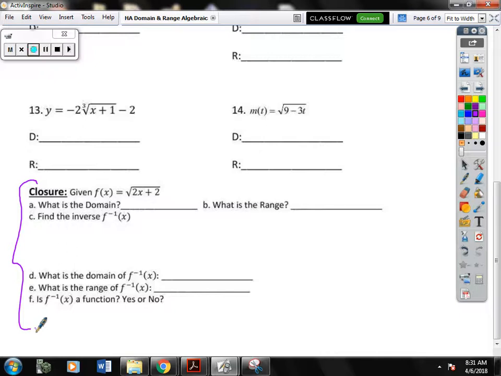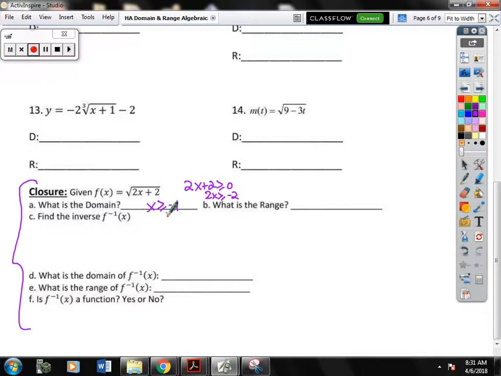So they give us a function. First of all, they ask us what the domain is. So what would the domain of this original function be? Garrett? X is greater than or equal to negative 1. Very good. And what will the range be?